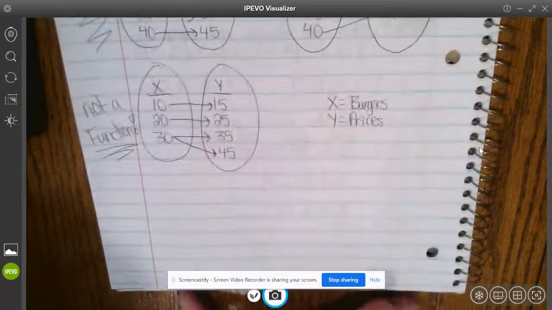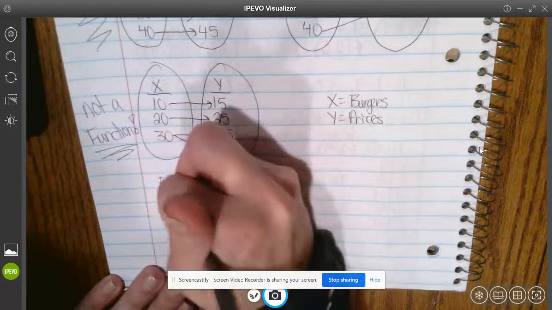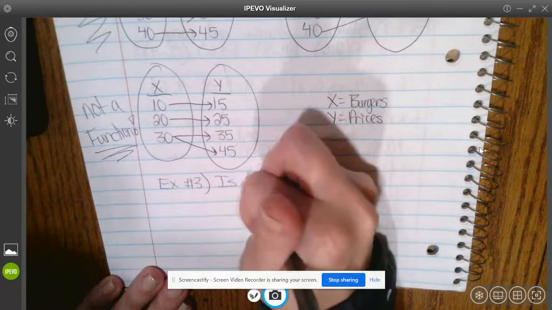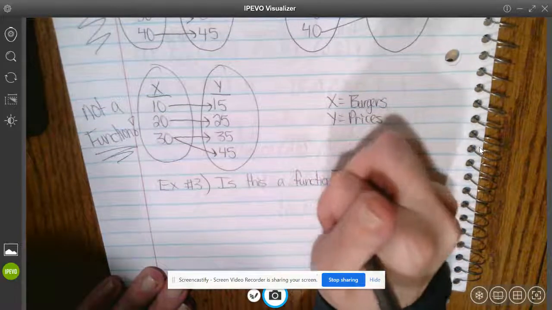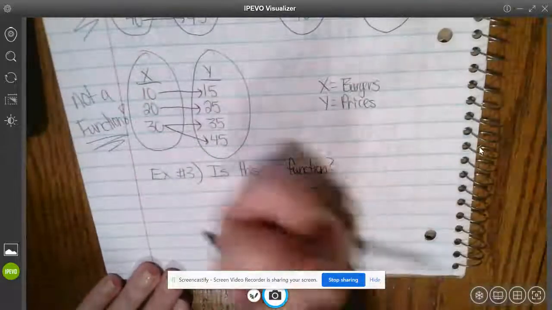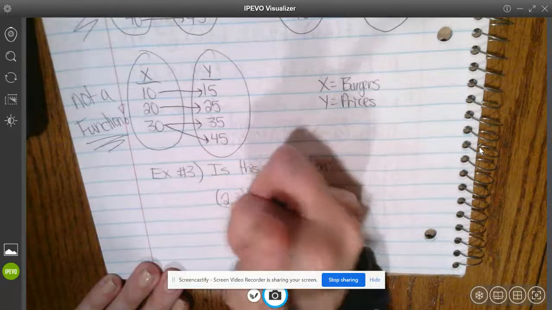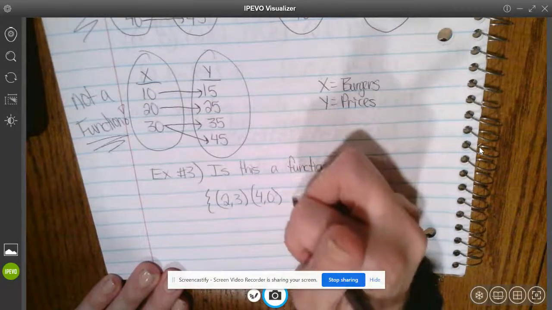All right, so let's do one example here. We'll make it simple. Is this a function? 2, 3, 4, 0, and 1, 3.